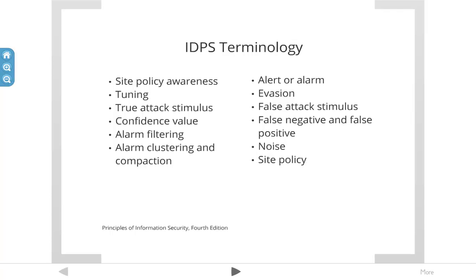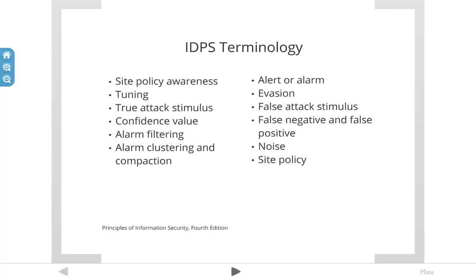So false attack stimulus, basically it's an activity that we want to fish out. I mean, we want to know what a false attack stimulus would be, but we know for sure that there's no attack undergoing, right? No attack in place, and yet the IDPS is sending alert messages.